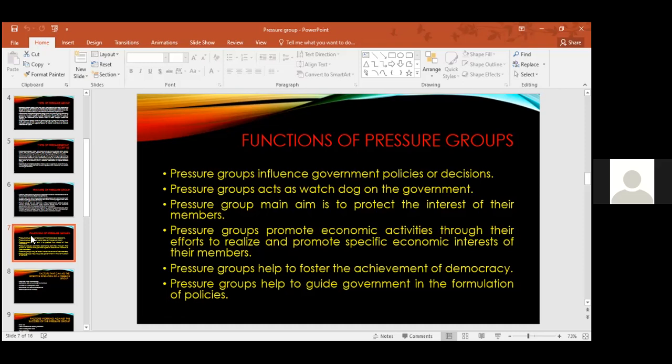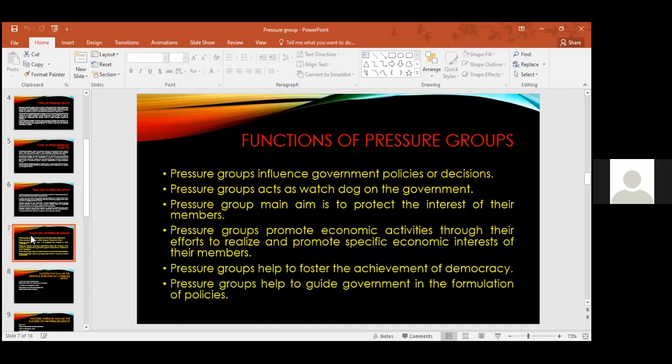That's the second one. The third one, pressure group's main aim is to protect the interest of their members. So, like I said, what they all want. Currently, I would still use ASU as the main example.